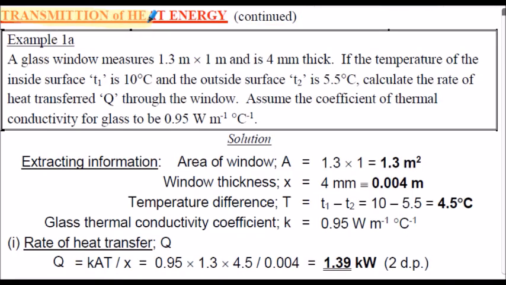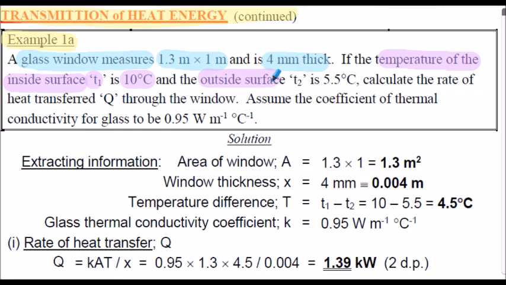Transmission of heat energy continued. So here's example 1a. A glass window measures 1.3 meters by 1 meter and is 4 millimeters thick. If the temperature of the inside surface, labelled as T1 here, is 10 degrees C, and the temperature of the outside surface, labelled T2 here, is 5.5 degrees C, we've got to calculate the rate of heat transferred, that's capital Q in this case, through the window.